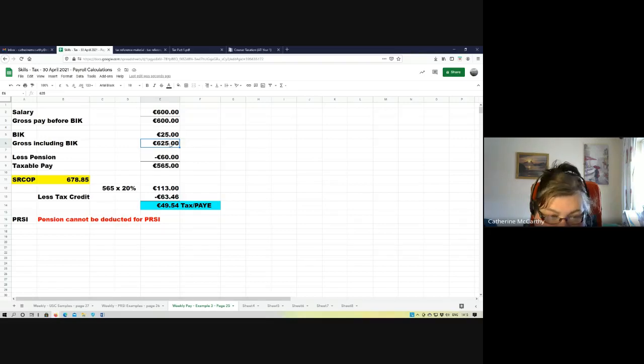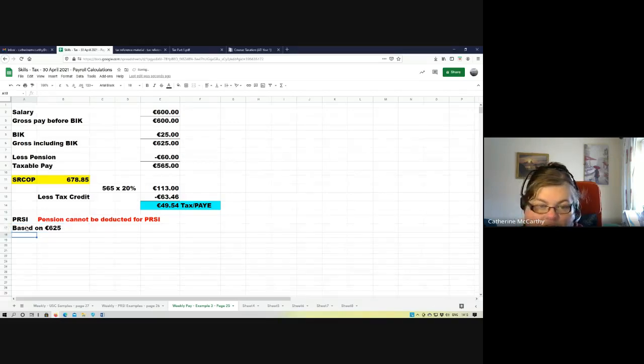So the BIK is liable to PRSI, it's liable to tax, it's liable to USC. So our PRSI will be based on 625 euro. Okay, so it's the figure including the BIK but before the pension.